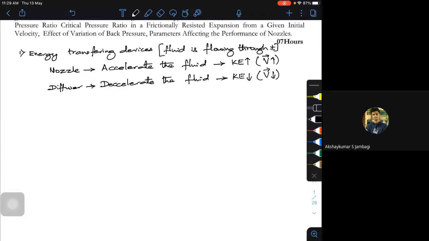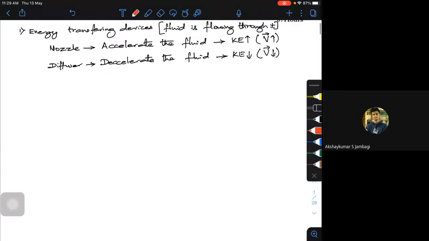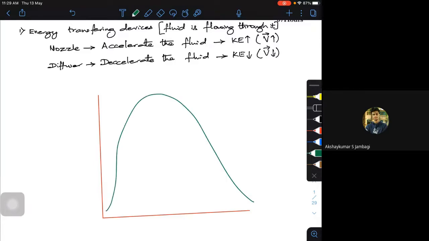So you look at the dome when I try to put the HS diagram. If I try to look at the HS diagram, it's something like this. I draw an HS diagram. So I do have a dome something like this, and this is my critical point.